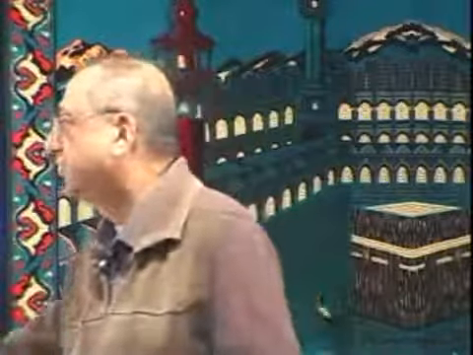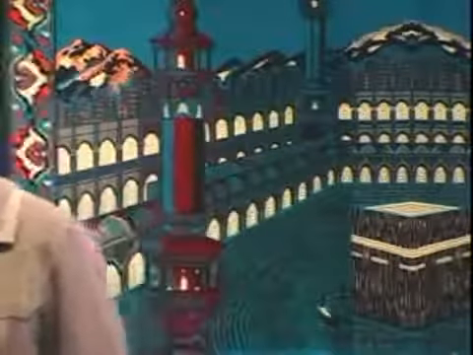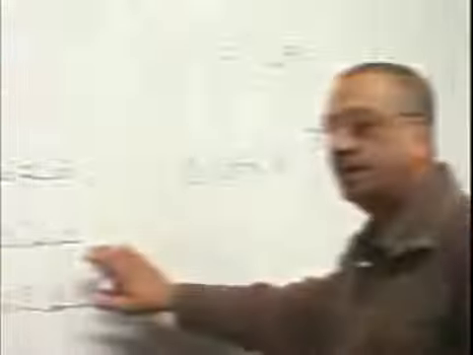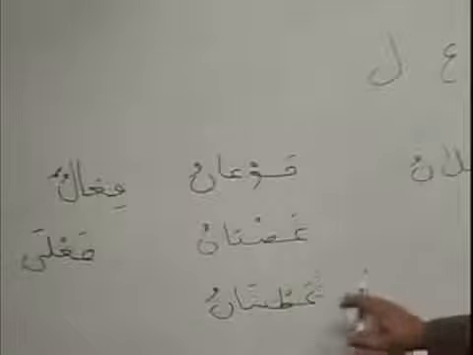Now, jav'anu, brother and sisters, and ghadabanu and atshanu, when you go to the root, you will find a verb there. Ghadabanu, the madi is ghadiba. He became angry. Atshanu, atasha.